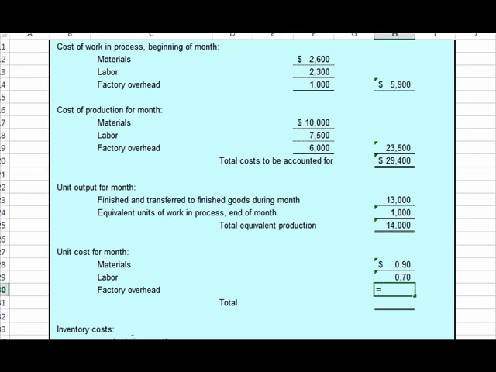And then once again we'll use that same formula for factory overhead. Factory overhead in beginning work in process plus factory overhead on new units begun during the month, divided again by the 14,000. So our unit cost on factory overhead is 50 cents. Now we can sum these to get our total unit cost, $2.10.